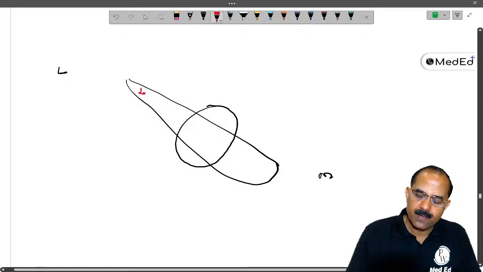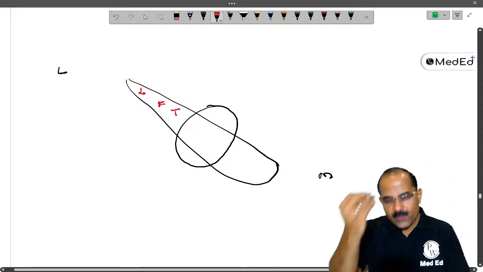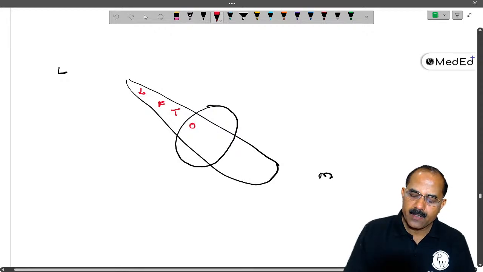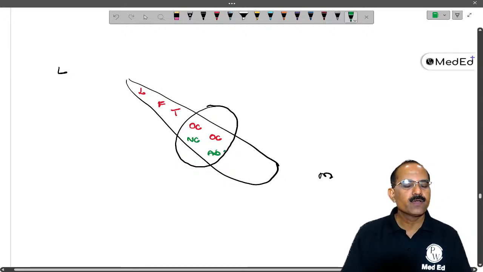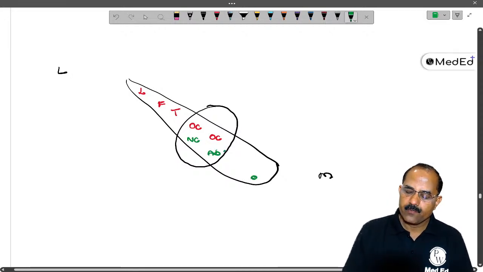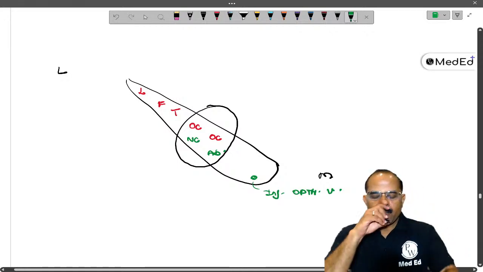LFT: lacrimal, frontal, trochlear nerves. The intermediate compartment has two divisions of oculomotor, in between the nasociliary, and this is the abducens nerve, and this is a vein, the inferior ophthalmic vein.